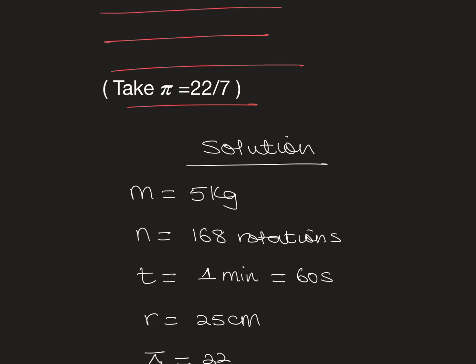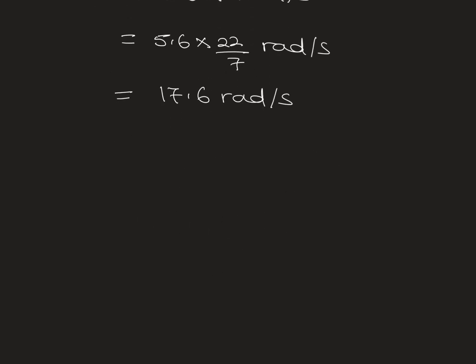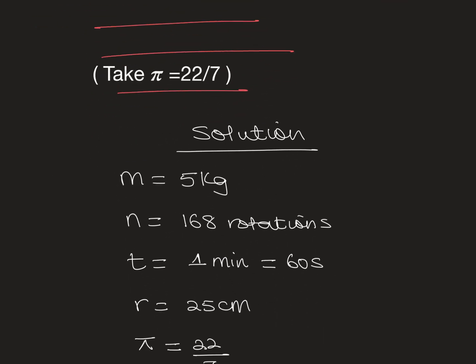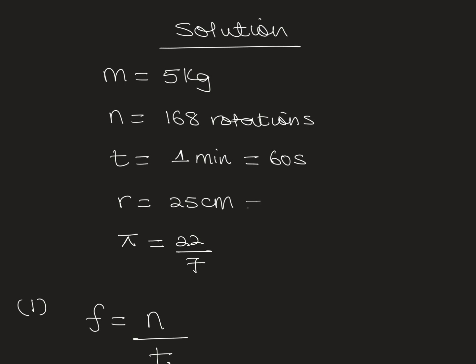The third question wants us to find the linear velocity. The linear velocity v is equal to the angular velocity multiplied by the radius. The angular velocity is 17.6 radians per second. That will be multiplied by the radius, 25 centimeters, which is the same as 0.25 meters.